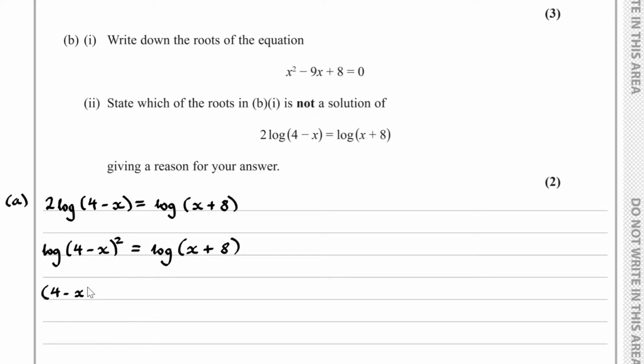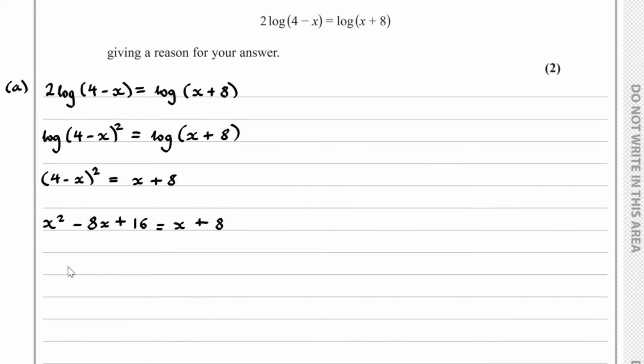We have 4 minus x all squared, which is equal to x plus 8. And if I expand out 4 minus x all squared, we end up with x squared minus 8x plus 16, and this is equal to x plus 8. And in conclusion, we see x squared minus 9x plus 8 is equal to 0.